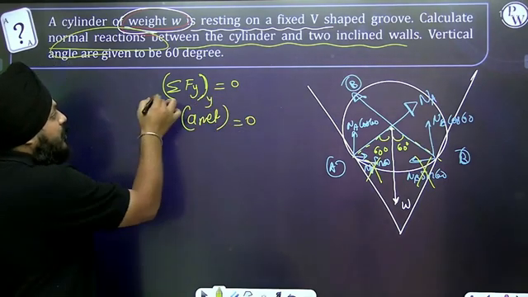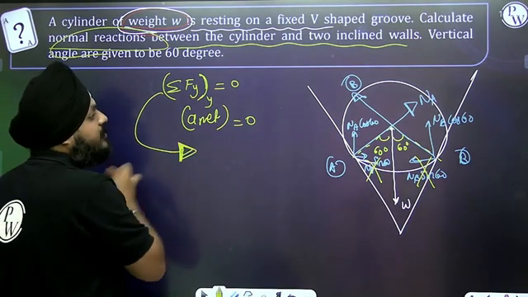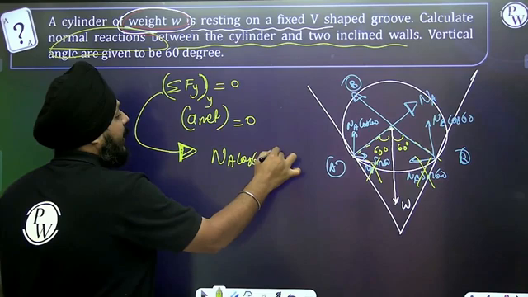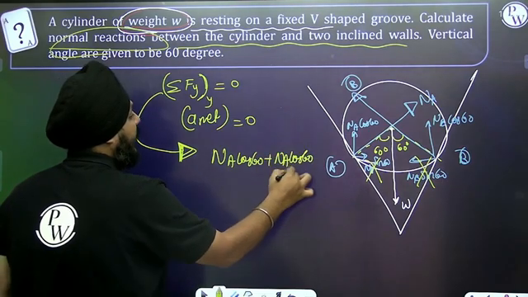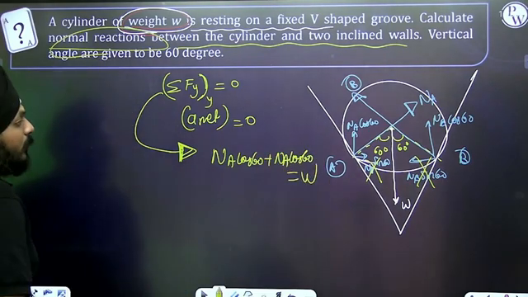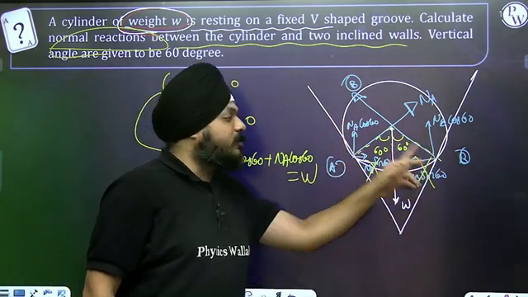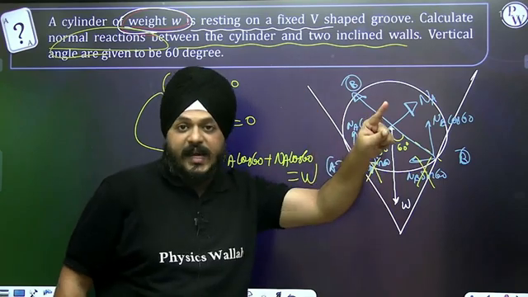Using this condition, NA cos 60 plus NB cos 60 is equivalent to W. Here NA is equal to NB, because on both sides it subtends the same angle.